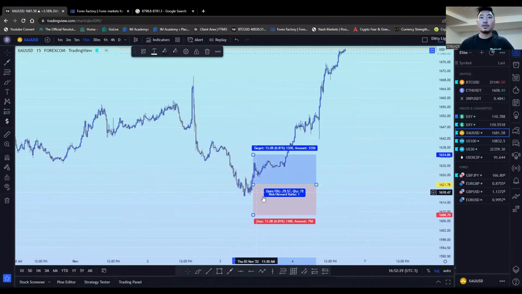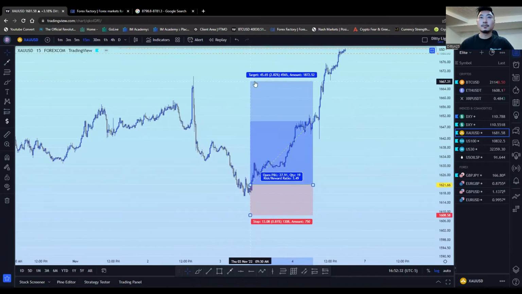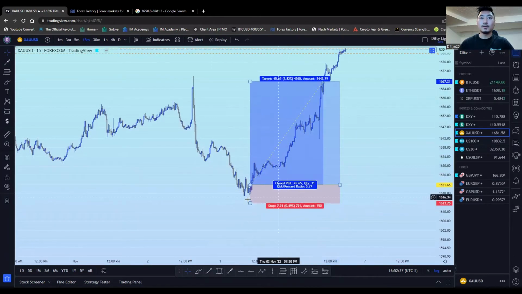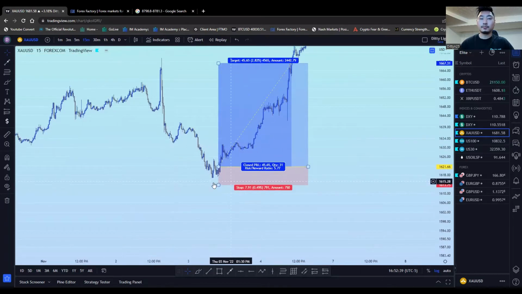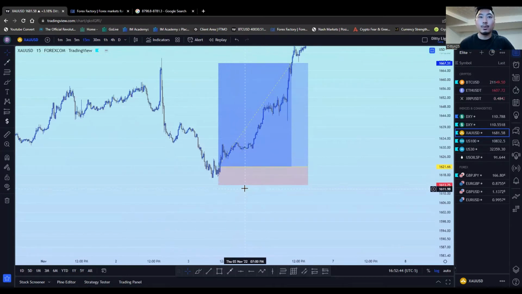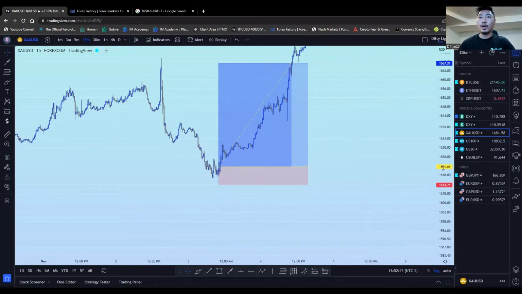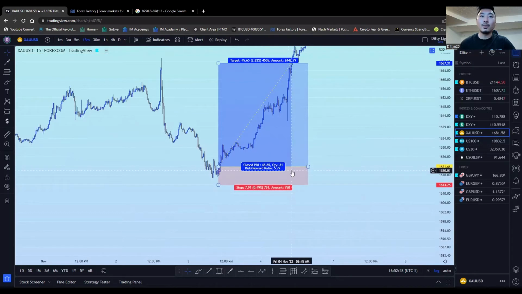So for example, here we took a long, let's say, right? And let's say you put a stop loss here, you will see the stop and you see 7.91, right? What is 7.91? It's your entry price minus your stop loss. So you have $7.91 of movement, correct?